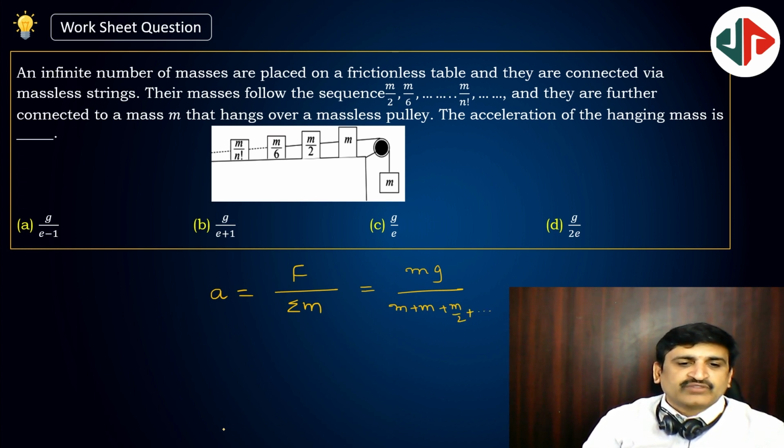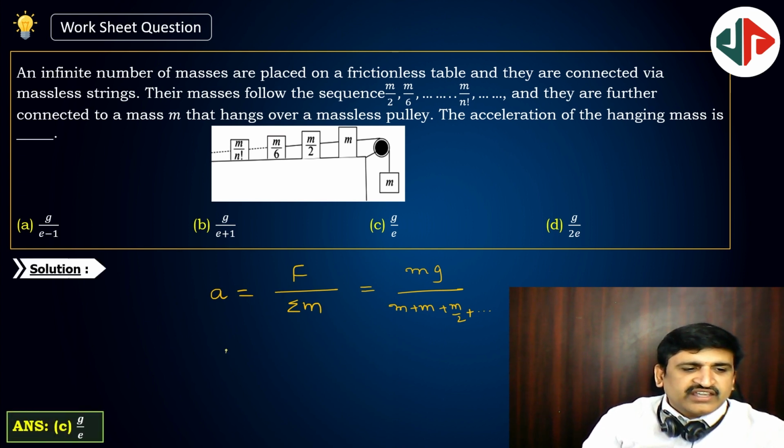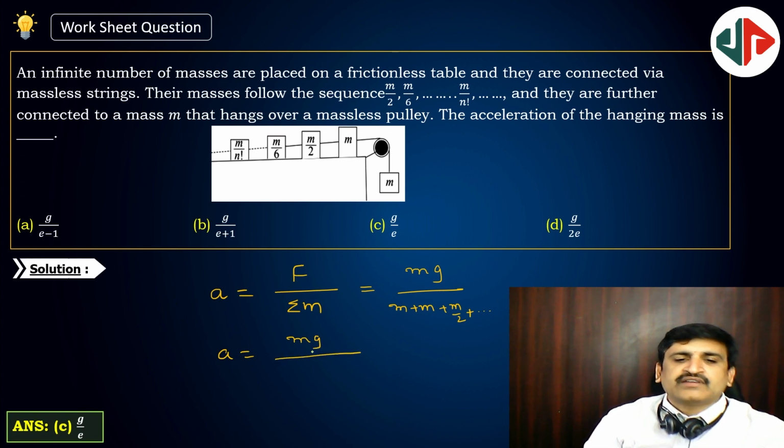So A is equal to mg by m, where m can be taken common and cancelled. So 1 plus 1 plus 1 by 2 and so on, this expression is nothing but e. That gets cancelled, so g by 1 plus e is the answer, not C.